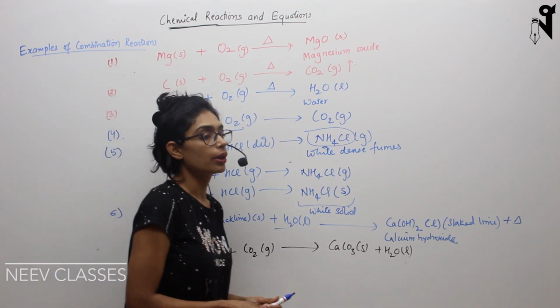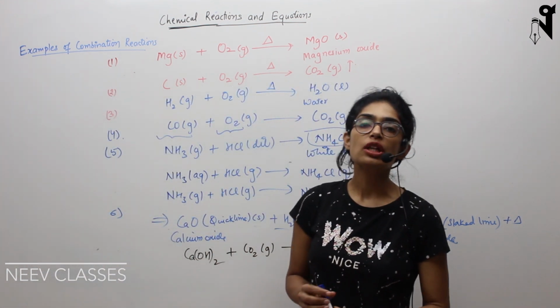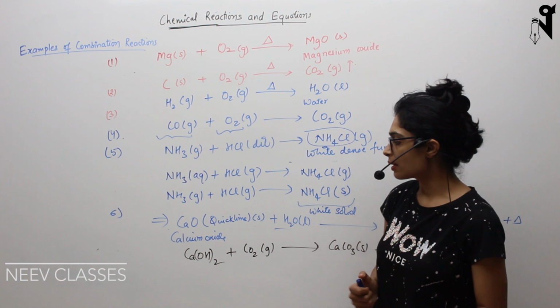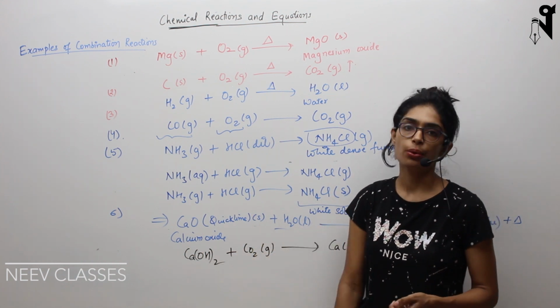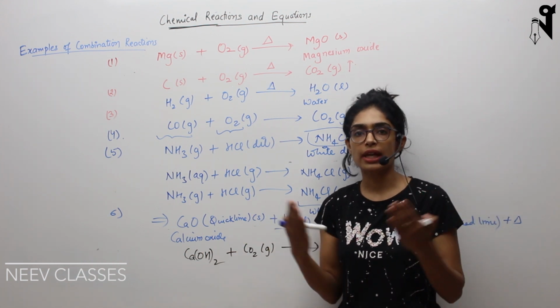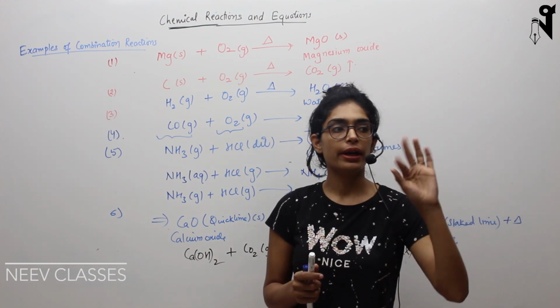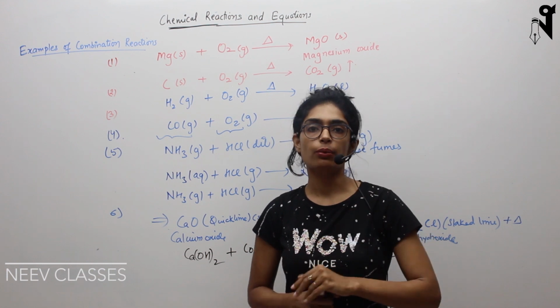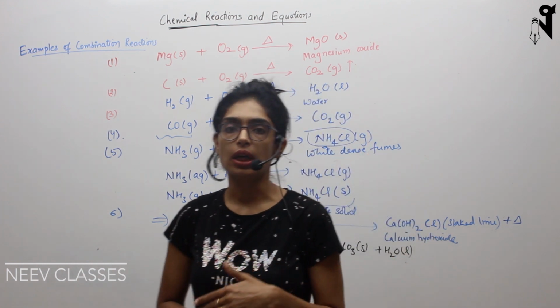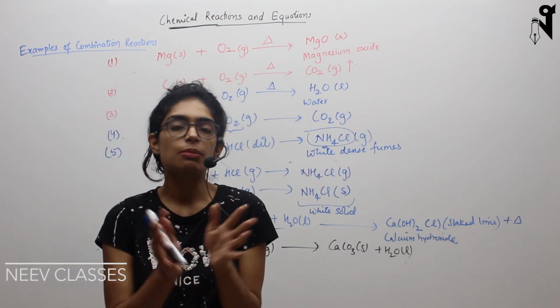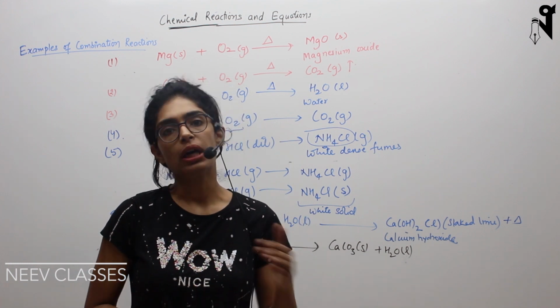This calcium carbonate makes your wall much more shiny as compared to when you had just put Ca(OH)2. So basically it forms calcium carbonate, which is a very white shiny substance, and that's the reason why it gives you a little glossy kind of effect once the whitewash is done. Not exactly glossy, but it becomes much shinier as compared to the earlier stage.